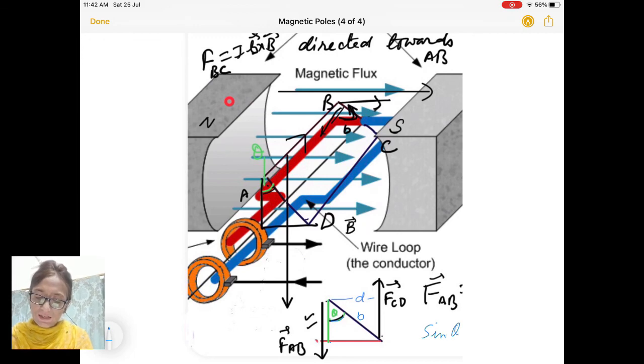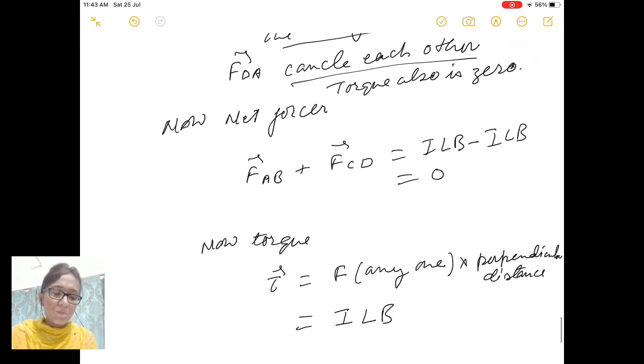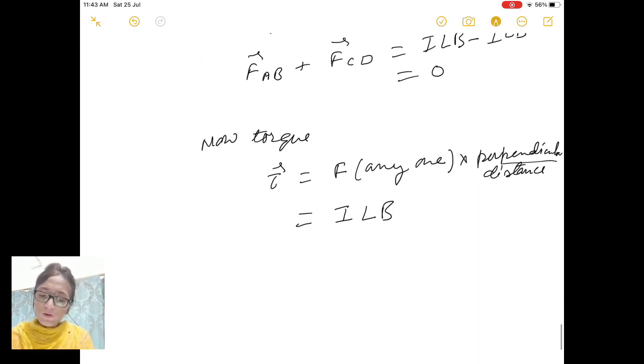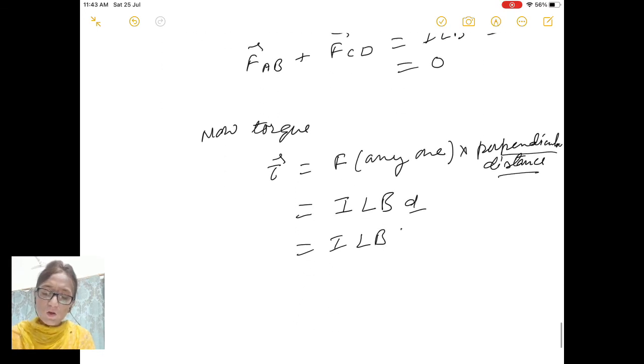Sine theta is equal to base, this base is equal to D, by hypotenuse B. So therefore D comes equal to B sine theta only. So here the perpendicular distance D comes equal to your width B sine theta only.